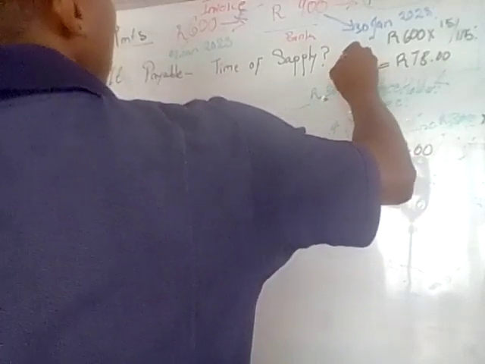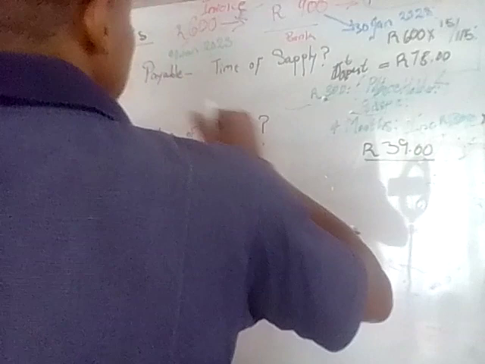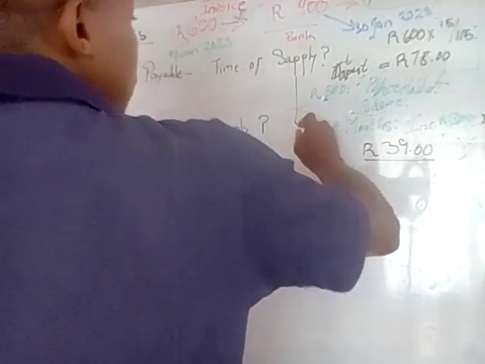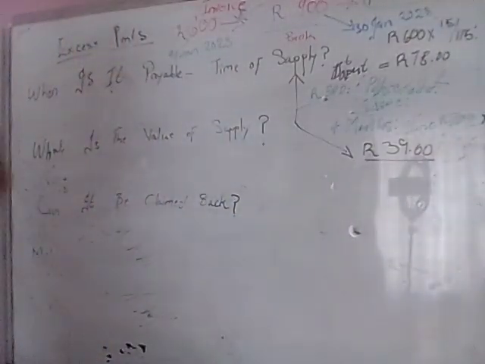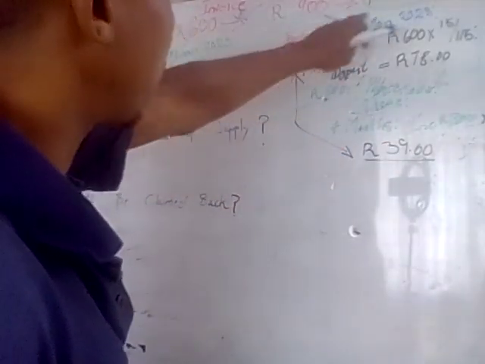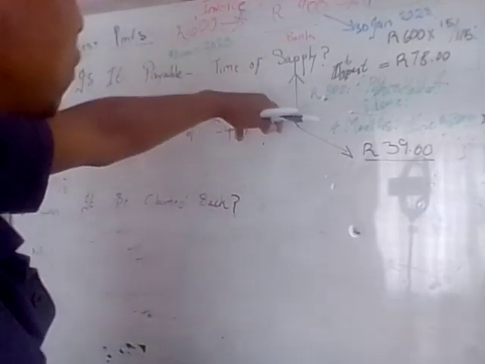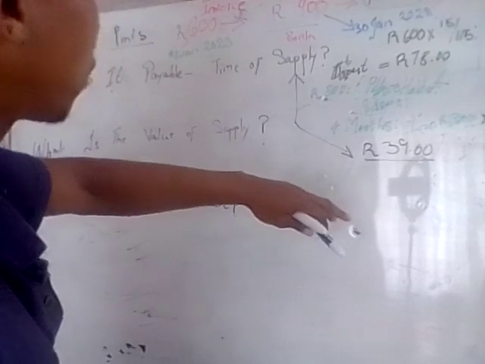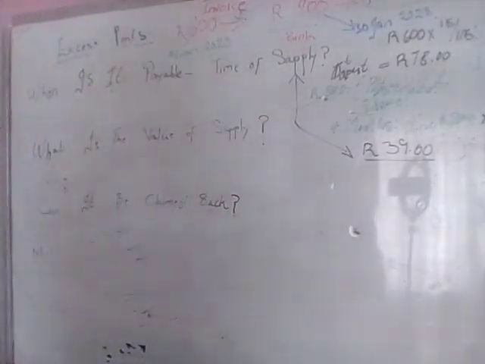This was output VAT because we're selling. So SARS would want us to recognize this amount, and it becomes payable after 4 months has elapsed. So that's what we must be aware of. This is the scenario that would have happened. The time of supply for this excess payment would be 4 months later, after the actual amount had been paid, and we then have to process an output VAT which is payable over to SARS.